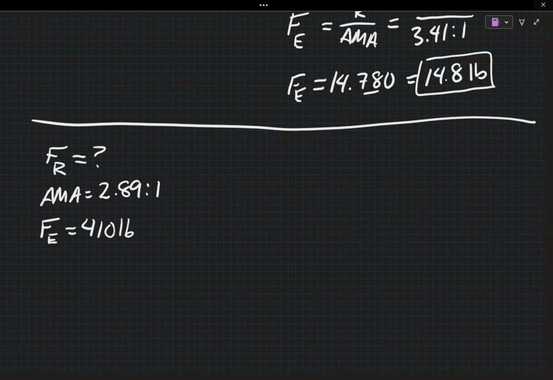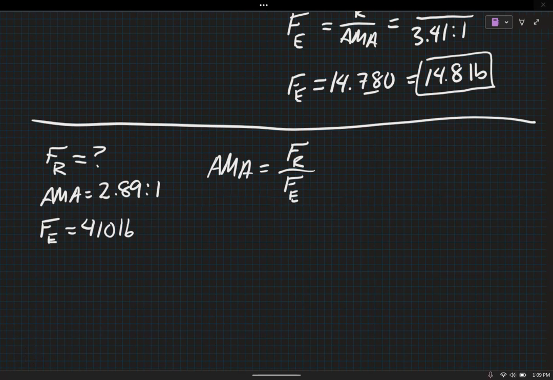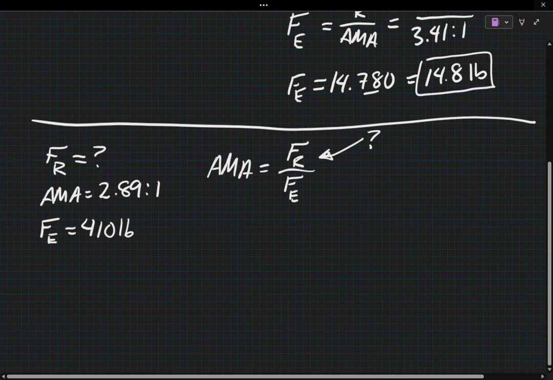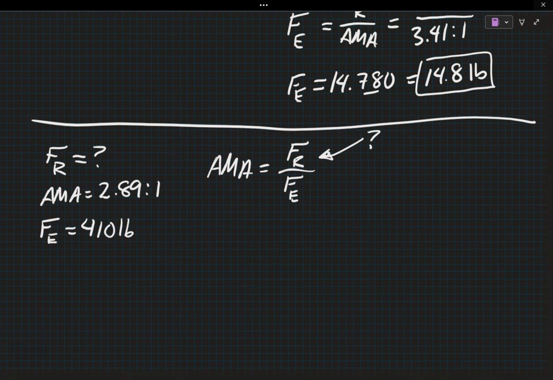Okay, just like always, our next step is to write our starting equation. AMA equals FR, not E, FR divided by FE. So for this problem, we're looking for resistance force, which means that we are looking for the numerator of this equation. So we need to get FR by itself. To get FR by itself, we have to get rid of FE.